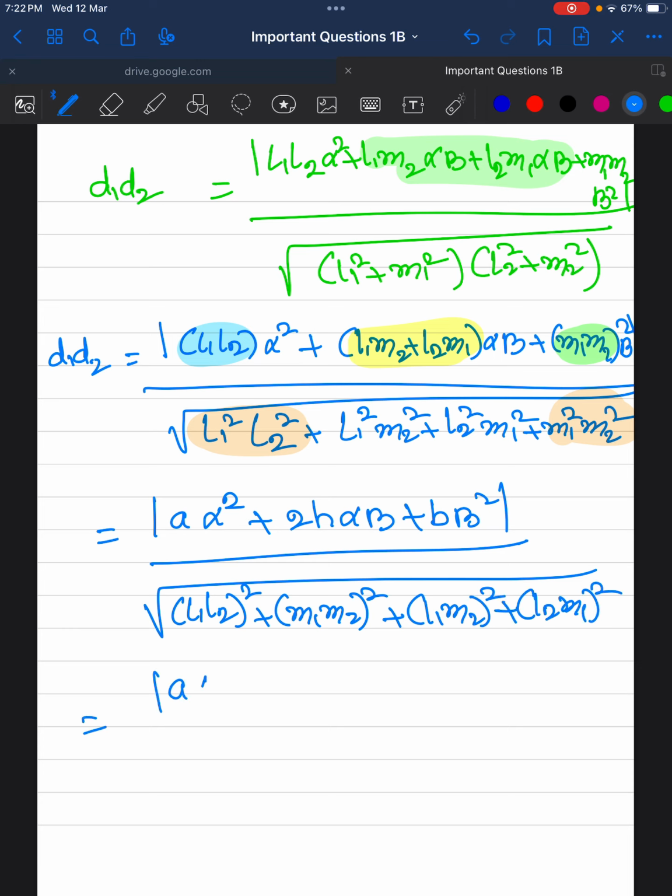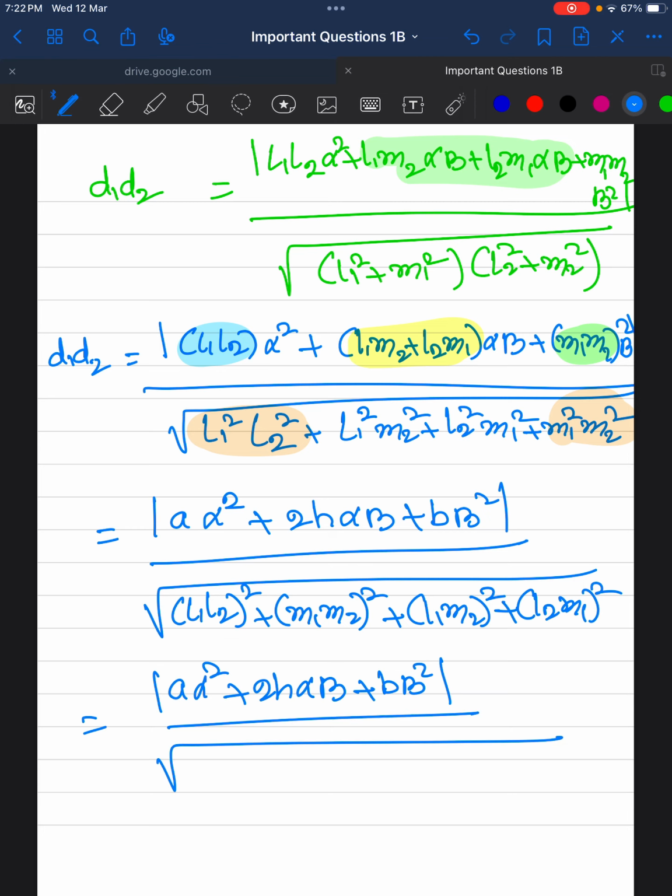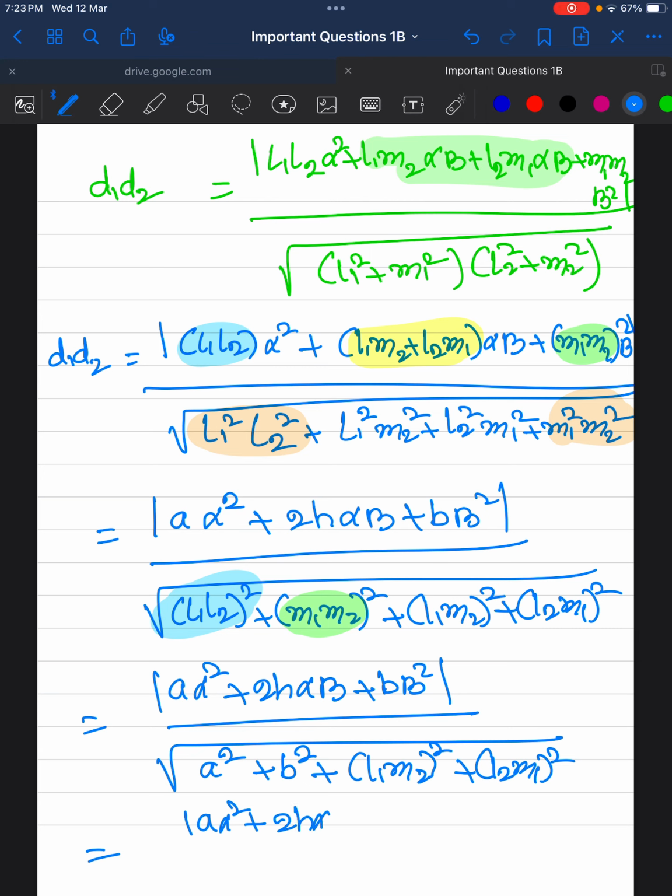So modulus of A alpha square plus 2H alpha beta plus B beta square by root of, L1 L2 value again, you have to remember, is A. If you want, I'll show it with blue color. Already in the above step, blue color value is A, and green color value M1 M2 is B. So this is A square plus B square plus L1 M2 whole square plus L2 M1 whole square.